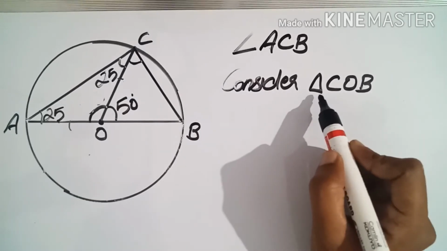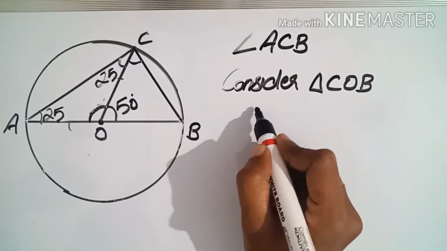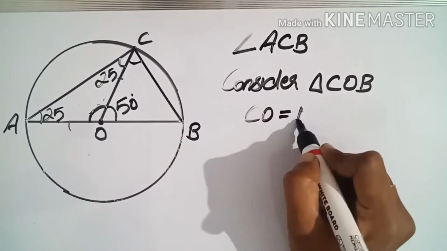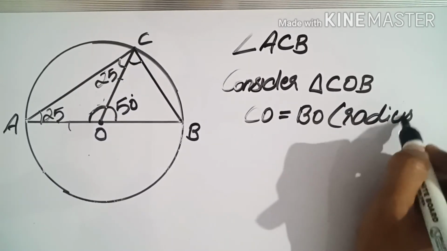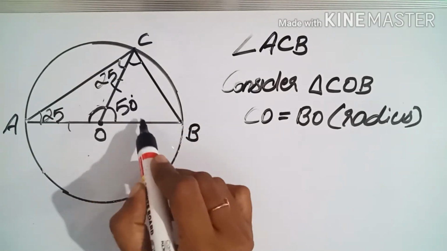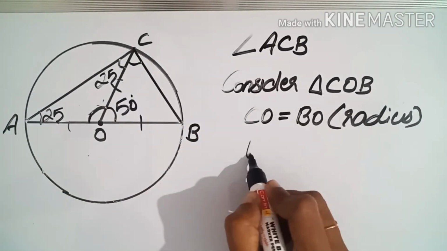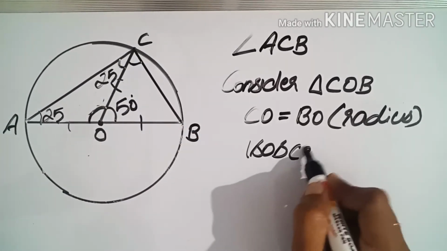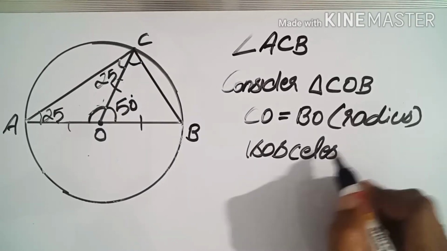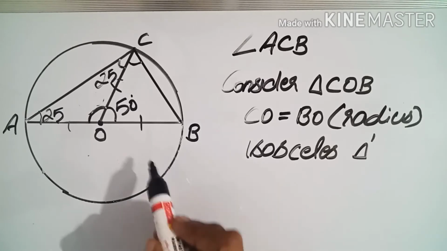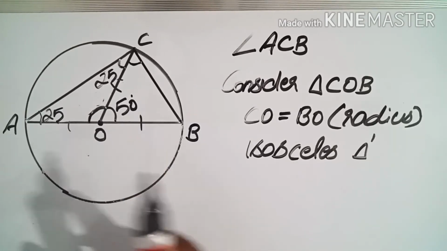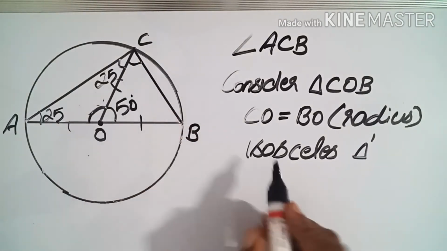Now consider triangle COB. Here CO equal to BO, that is radius. Both are radius. That means triangle COB is what? Isosceles triangle. Now if in an isosceles triangle one angle is 50 degree, what will be these two angles?